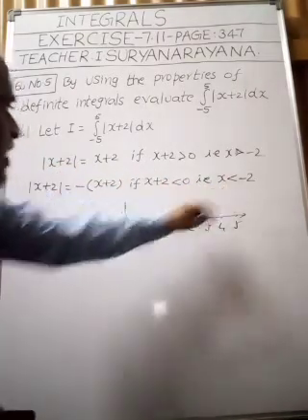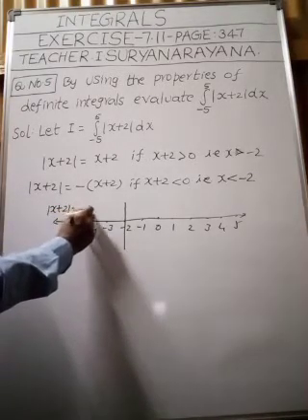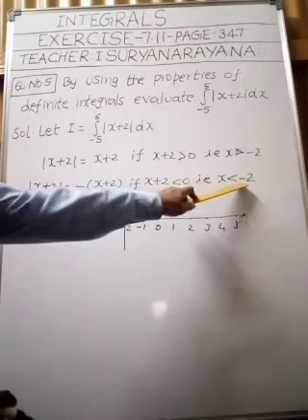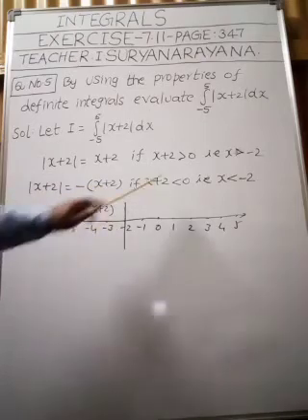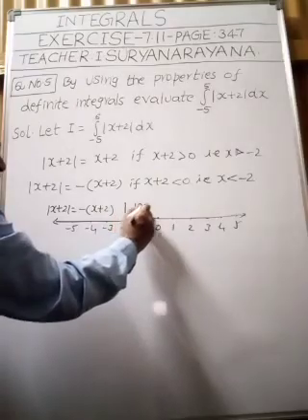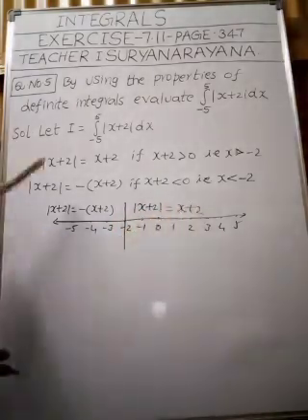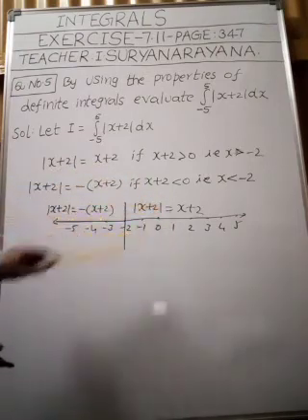If x is less than minus 2, modulus of x plus 2 is equal to minus of x plus 2. Yes or no, my children? If x is greater than minus 2, on the right side of this number, modulus of x plus 2 is equal to x plus 2 only. Understood this step, my children?